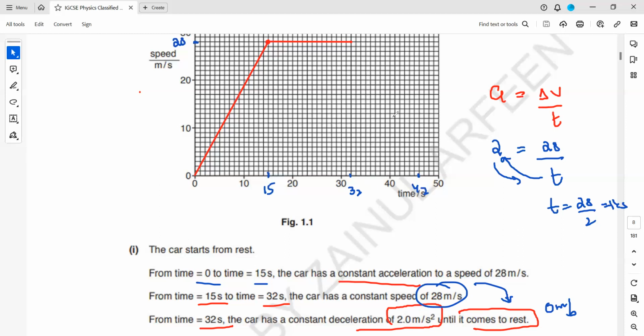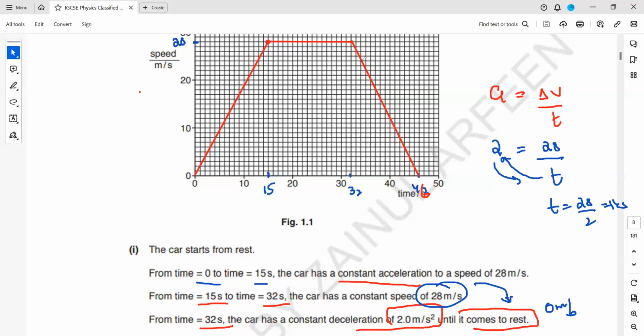So we draw a line from 28 till 0 at time equals 46, sorry, not 42, 46, because 10 boxes equals 10, so each is representing 1, so it's 41, 2, 3, 4, 5, and 6. So 32 plus 14 makes 46. So when the time is 46, the speed of the car will be 0.